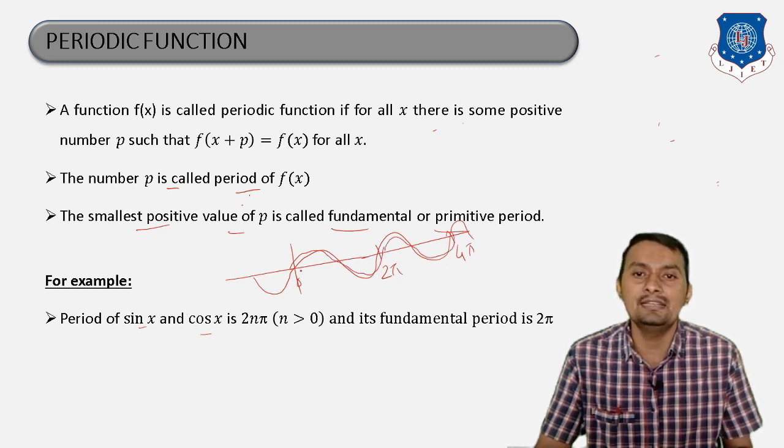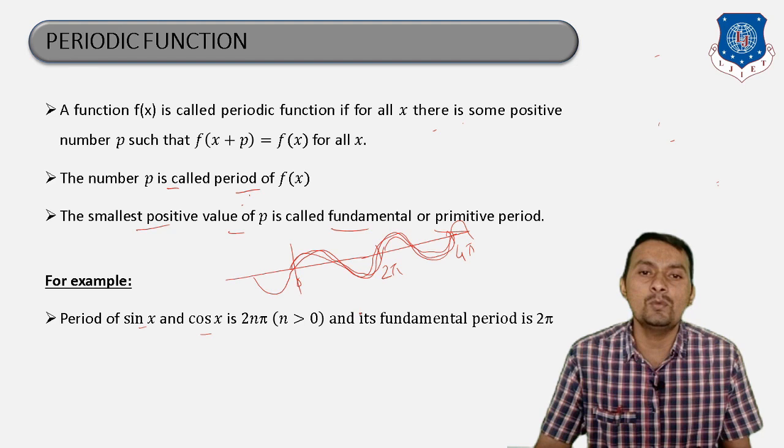That means this representation is carrying on from 4π to 8π. That means we can say it is a 4π periodic function. Also we can say 6π and so on. So in general, the smallest period for the sin x and cos x functions is 2π. Therefore the fundamental period is 2π.